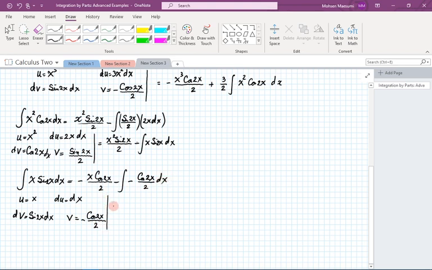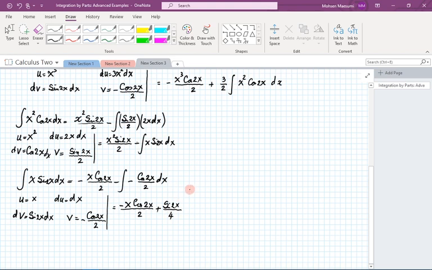So that simplifies to minus x cosine of 2x over 2. These two minuses cancel each other out. Antiderivative of cosine is sine, so I'll have sine of 2x now divided by, have to divide by another 2, becomes 4.